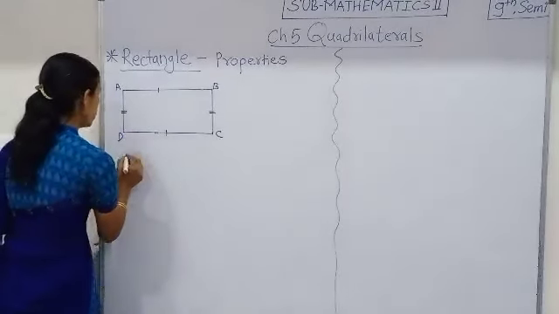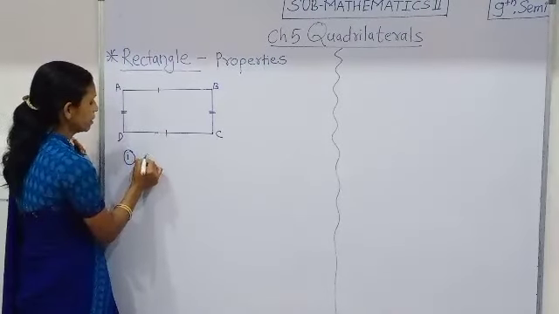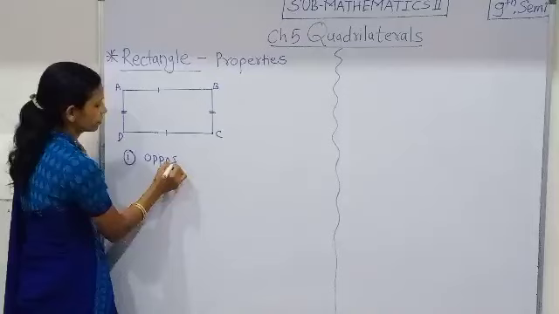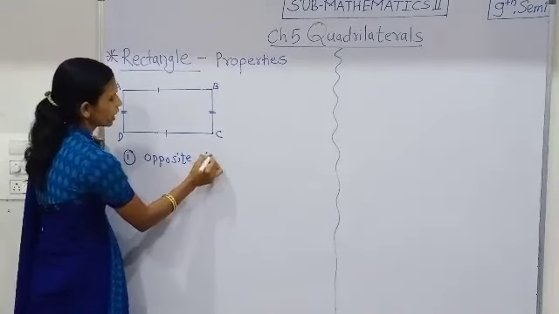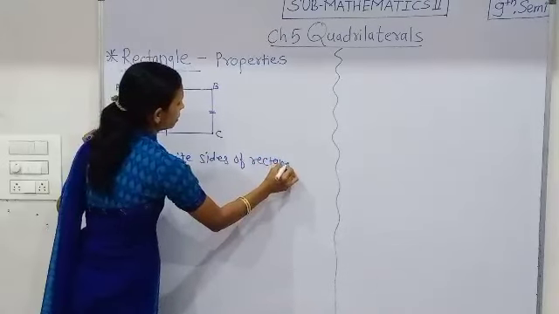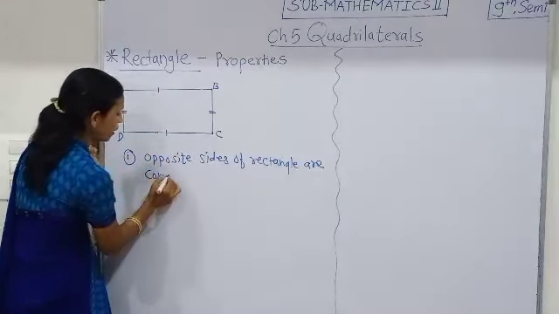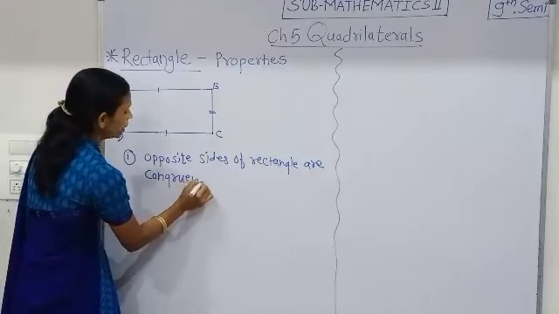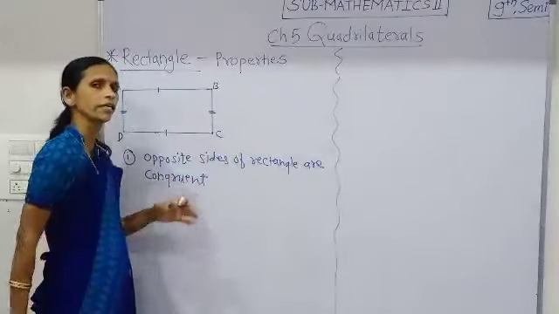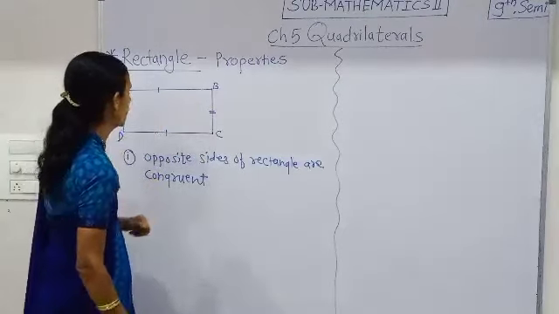That means the first property of rectangle is that opposite sides of a rectangle are congruent, and that property is useful to solve examples based on this quadrilateral.